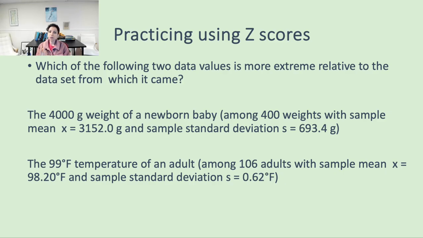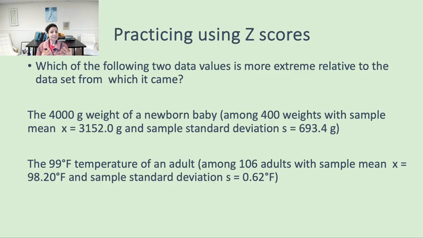Which of the following 2 data values is more extreme relative to the data set where it came from? So we've got a birth weight. We've got a newborn baby that's 4,000 grams, 4 kilograms, in a data set where the average weight was 3,152 grams.